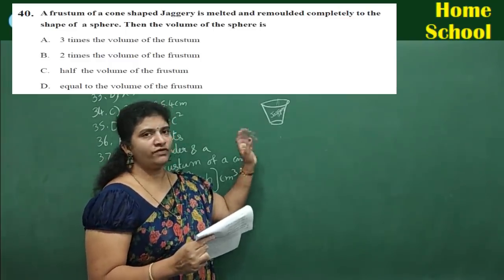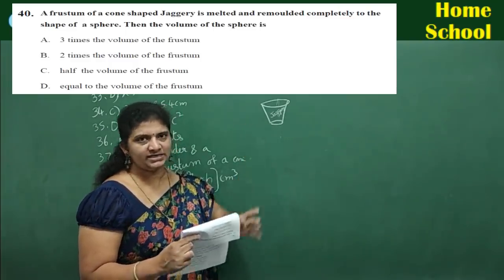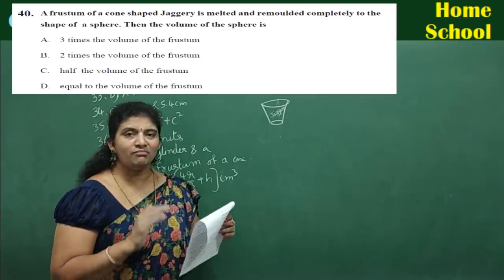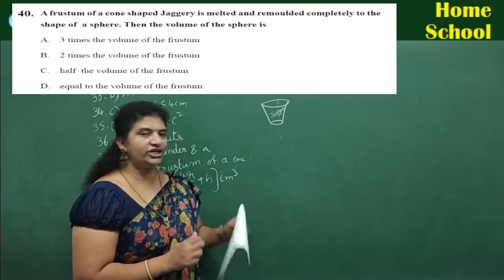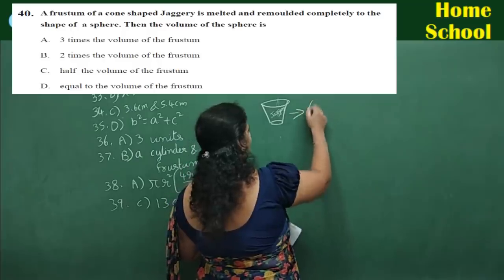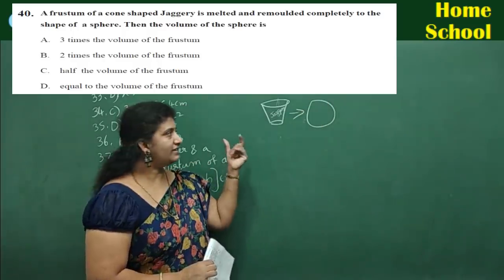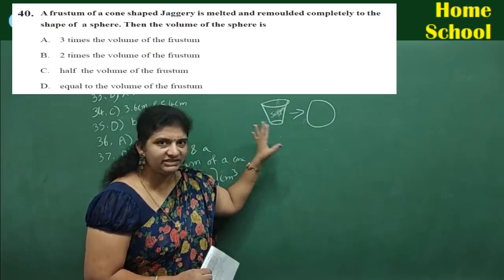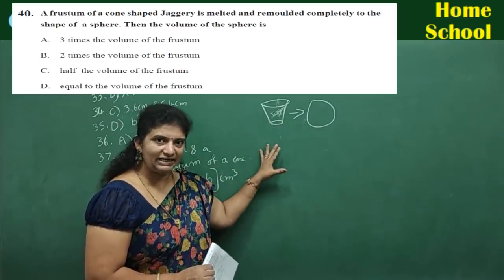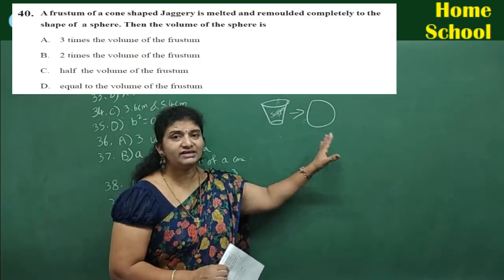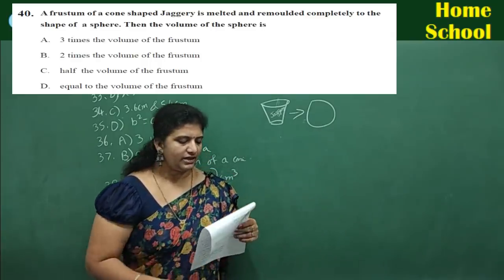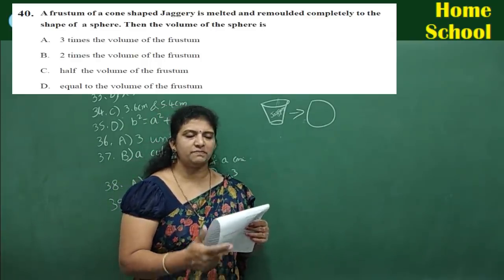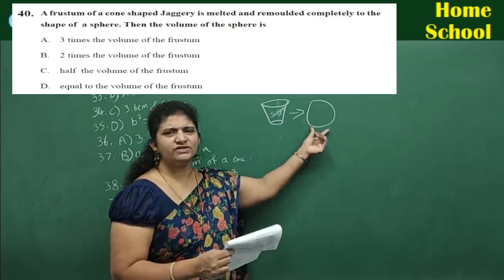A frustum of a cone-shaped jaggery is melted and remolded completely to the shape of a sphere. Okay, understand the question carefully. Then the volume of a sphere is?